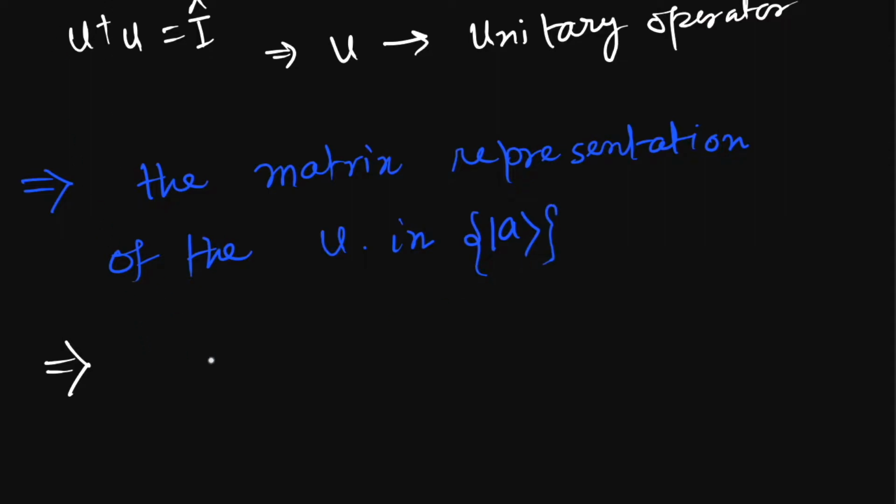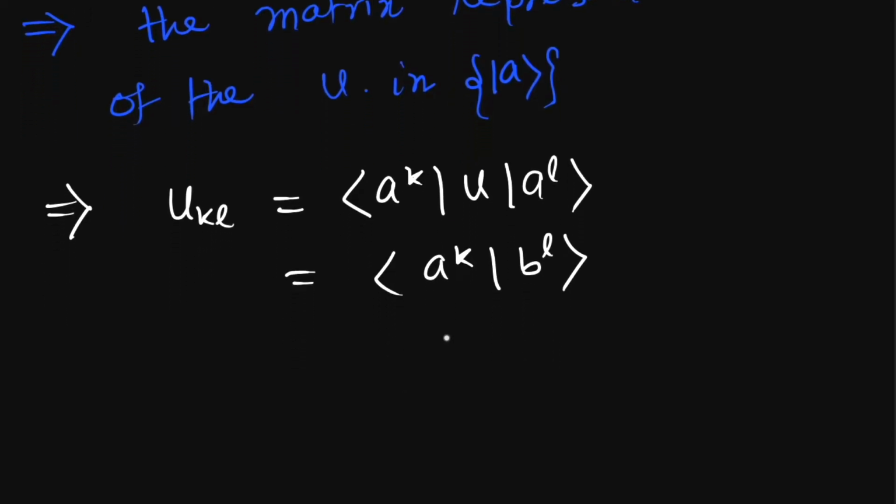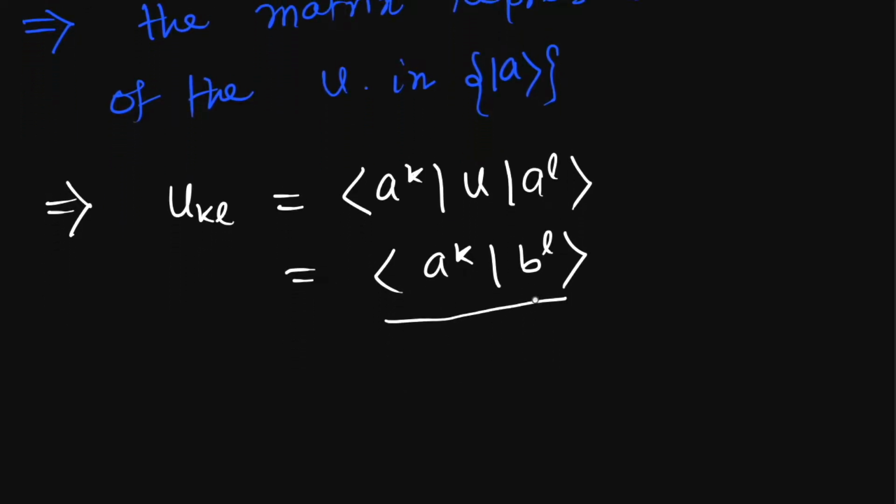The element of that matrix is Ukl equal to ak U al, which is ak bl. This is the matrix representation of that operator U.